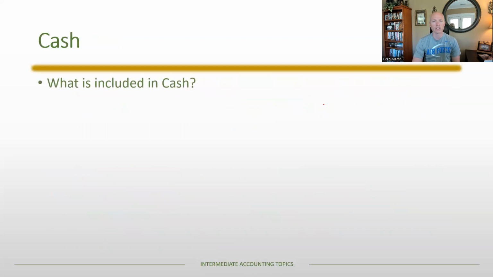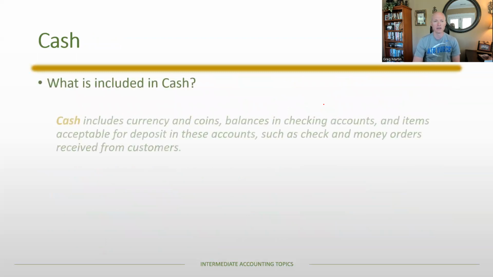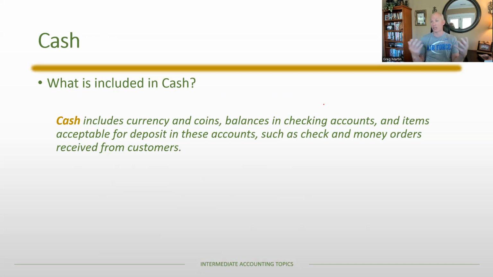All right, so what is included in cash? There's cash, and then there's cash equivalents. So what is cash? Basically, currency, coins, balances in things like checking accounts, or things that are getting ready to be deposited into these accounts, like checks and money orders. Those things are essentially completely insulated from any sort of risk, and essentially are cash or can be used as cash.